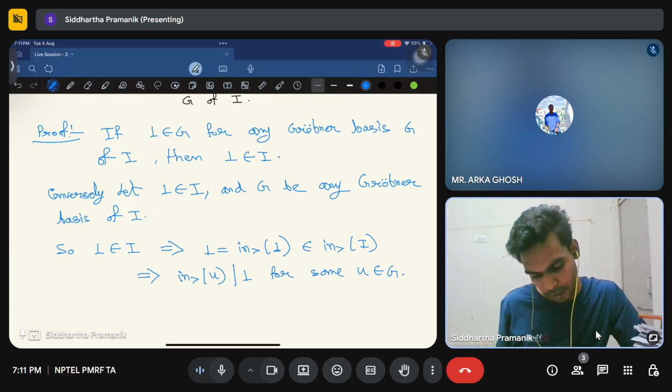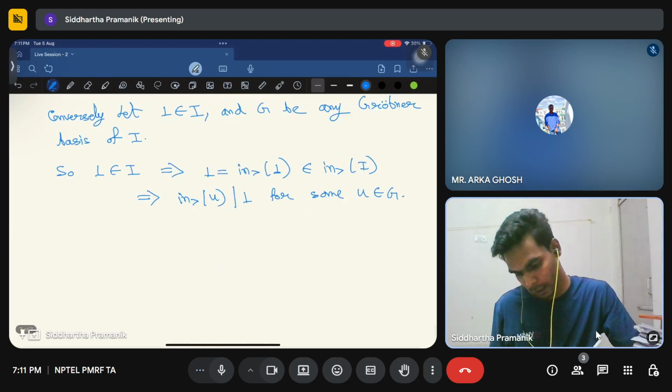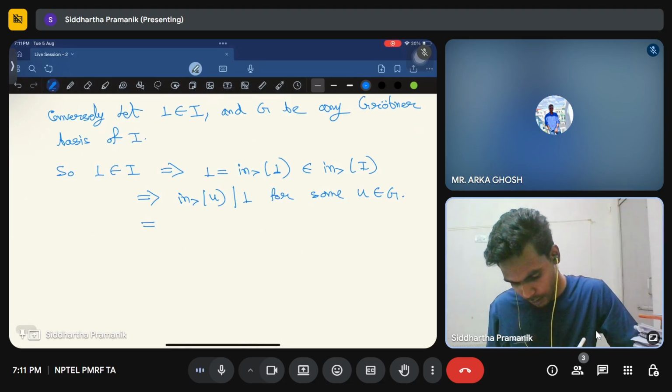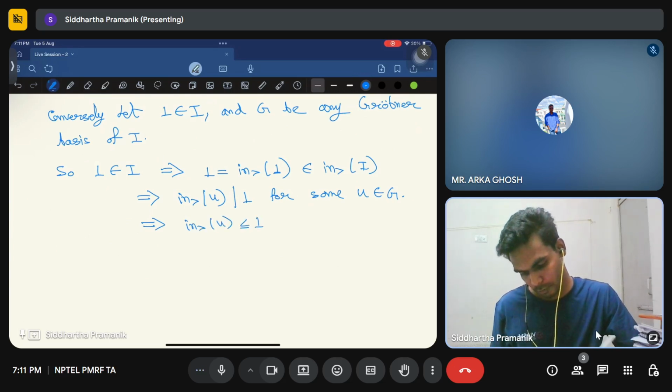So some element U from the Gröbner basis, the initial term of that U will divide 1. That will imply the initial term of U has to be less than or equal to 1. But 1 is the smallest of all monomials.